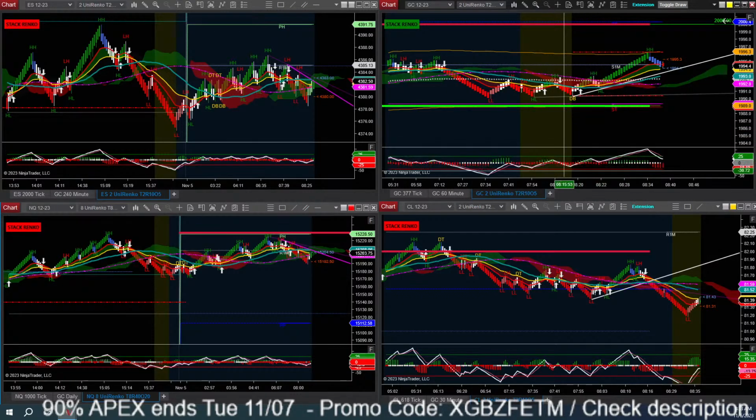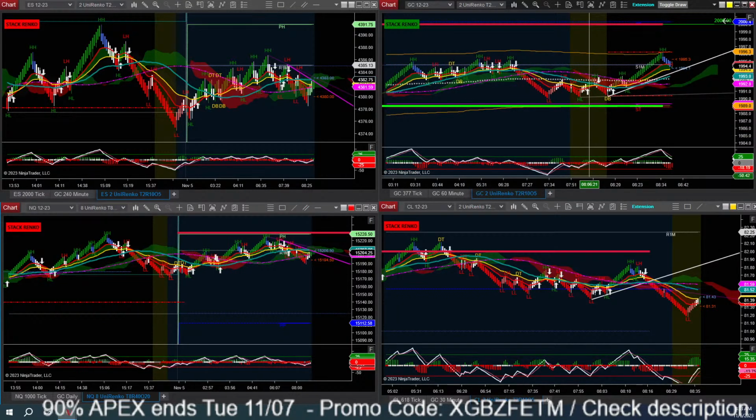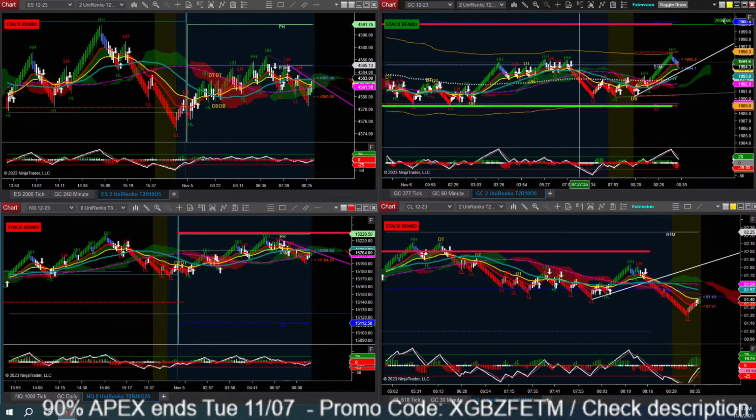Second wave. So if we buy here, we are buying right below that resistance.